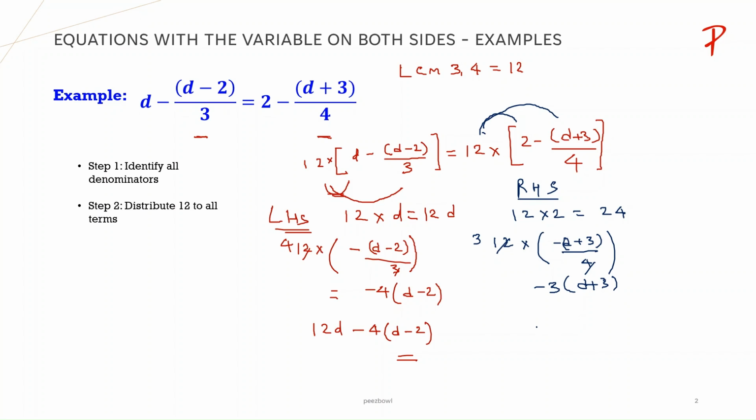So the RHS becomes 24 minus 3(d plus 3).